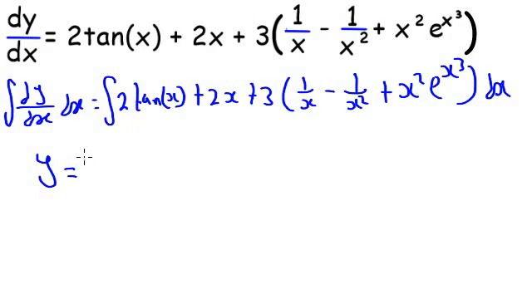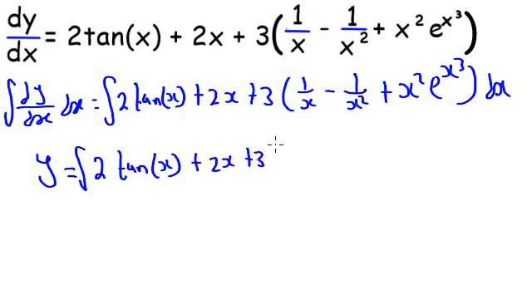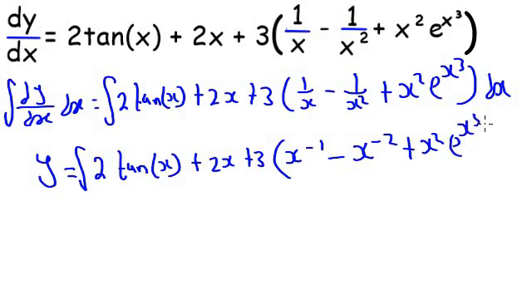So right now we can have the right hand side to be the integral of 2 tan x plus (2x plus 3), then in the bracket 1/x can be expressed as x raised to the power of negative 1. The minus 1/x squared becomes x raised to the power of negative 2. Then we have plus x squared multiplied by e to the power of x cubed dx.